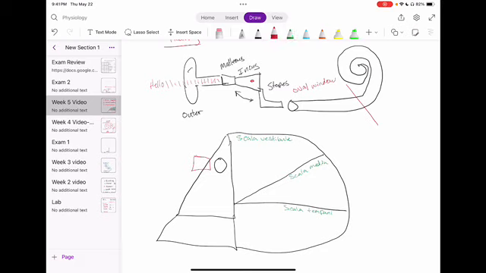So both the scala vestibuli and the scala tympani have what is called perilymph. And this is the liquid that's in here. Their contents are pretty similar. The scala media has endolymph.